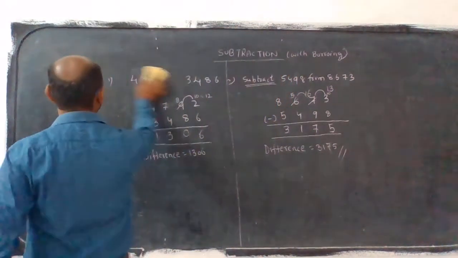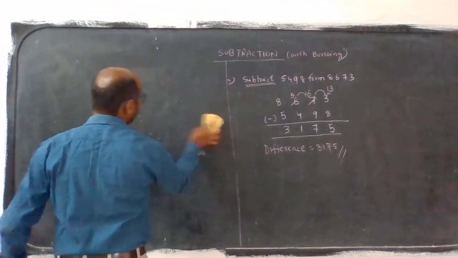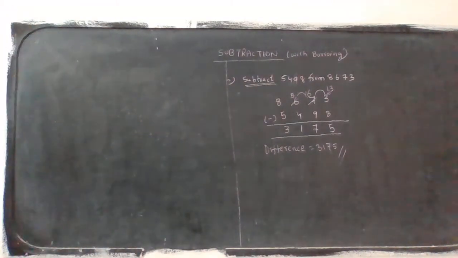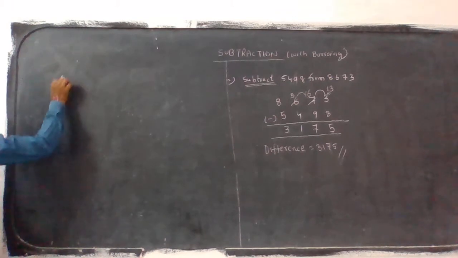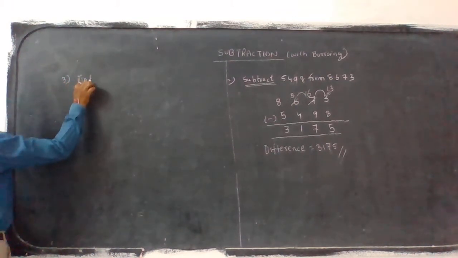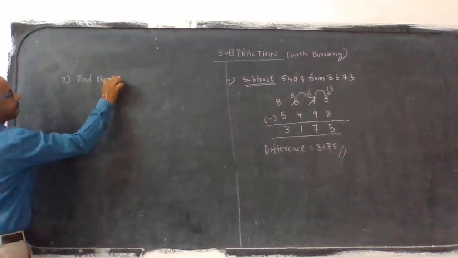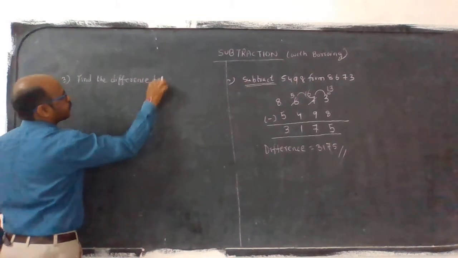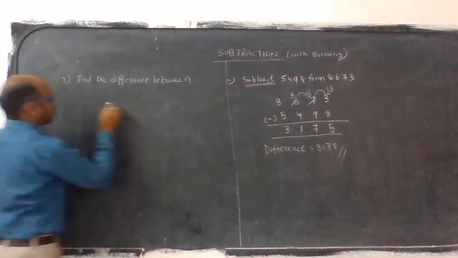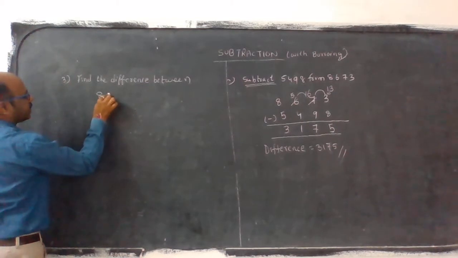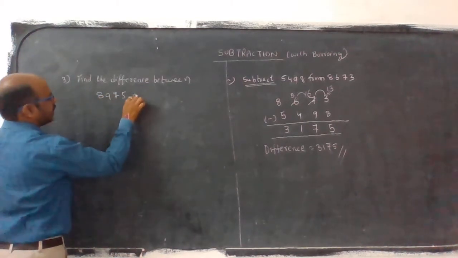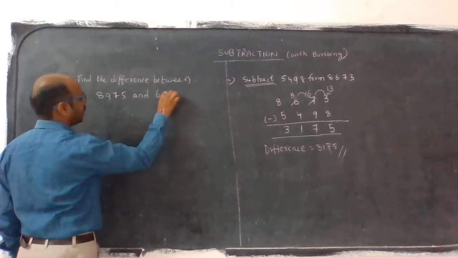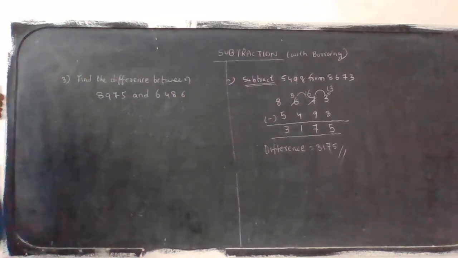See, like this we will ask questions: find the difference between 8,975 and 6,486.